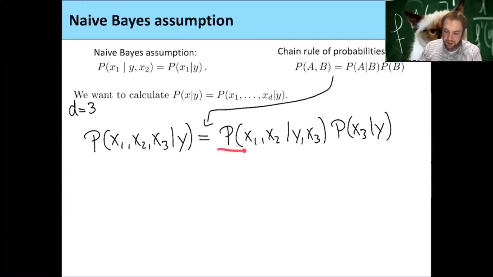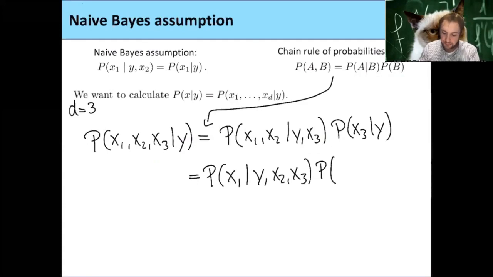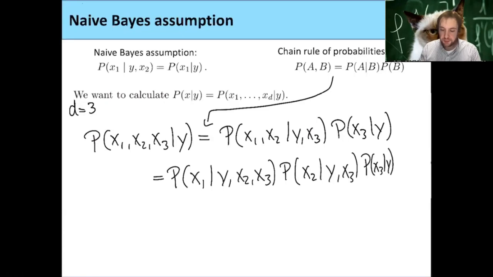And then we use it again here: p(x1 given y, x2, x3) times p(x2 given y, x3) times p(x3 given y). This is both given by the chain rule.